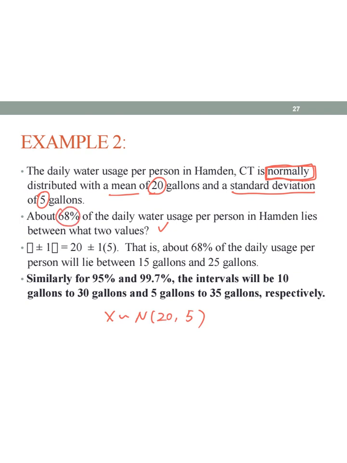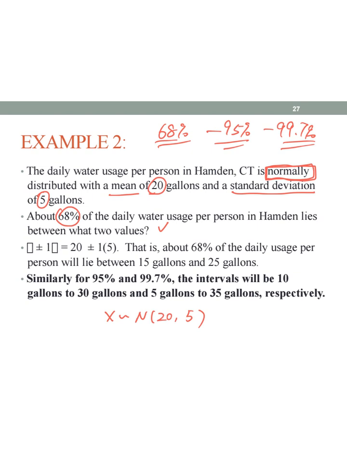If you see 68%, 95%, 99.7%, this gives you the idea. This is a special percentage, regarding 1, 2, 3 standard deviations.